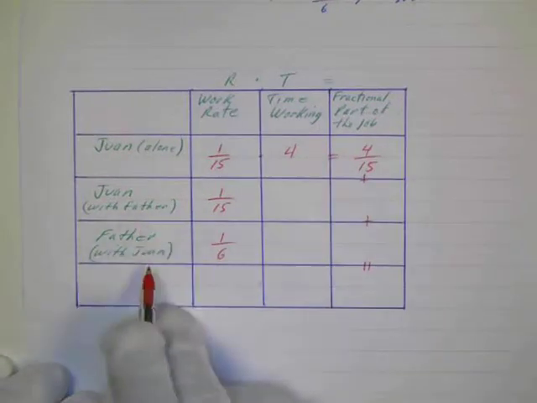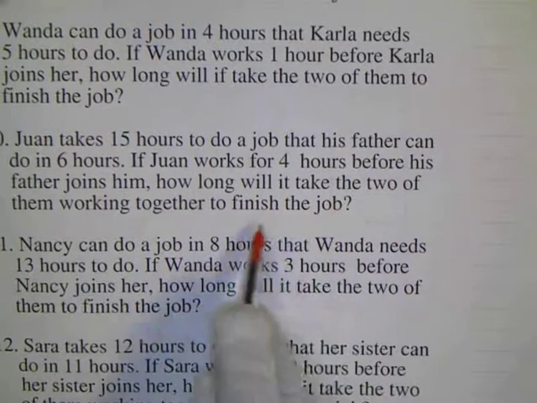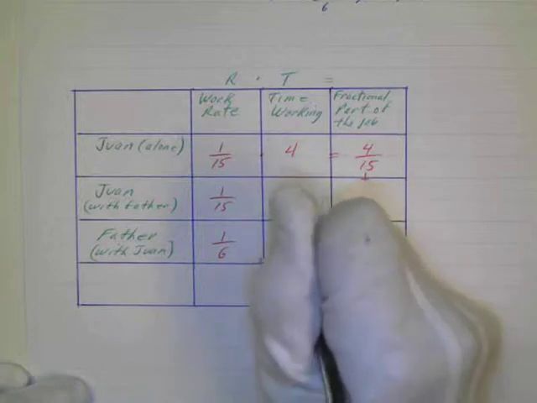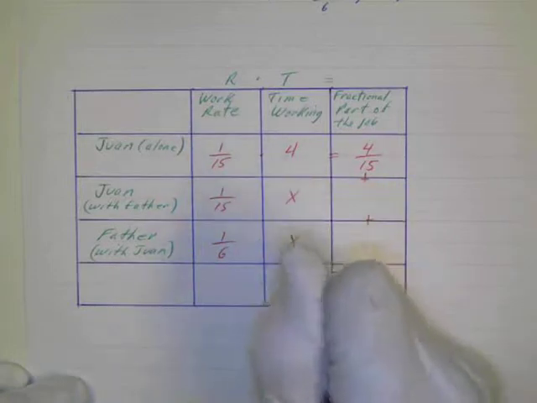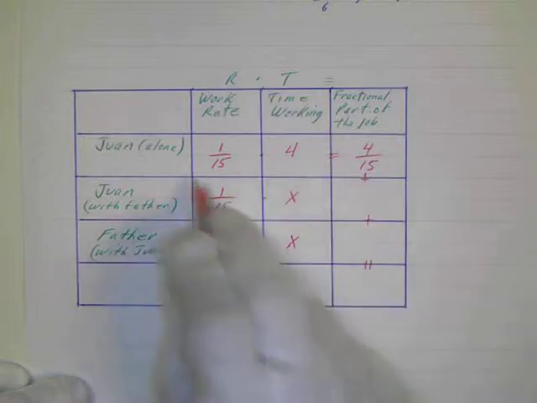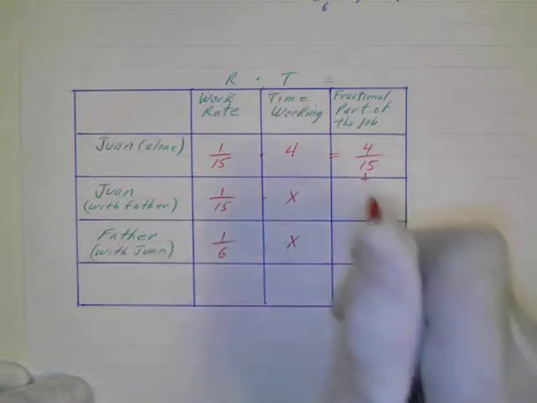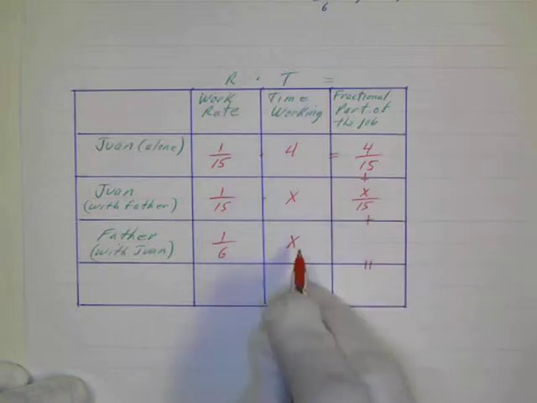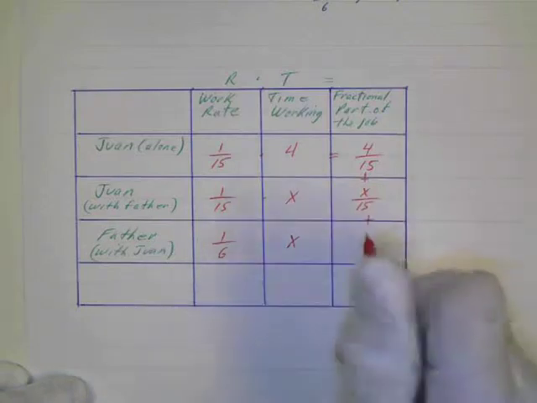Now, they're going to work together, and that's what we want to find out. How long will it take the two of them working together to finish the job? We'll call that X hours, so they're going to work X hours together. And in X hours, we know in 4 hours Juan does 4/15, so in X hours he does X/15 of the job. And in X hours his father does X/6 of the job.